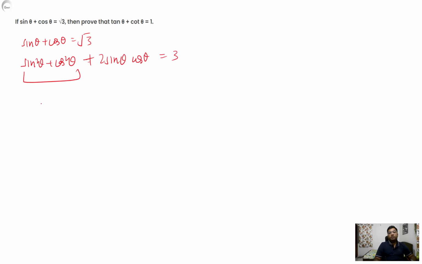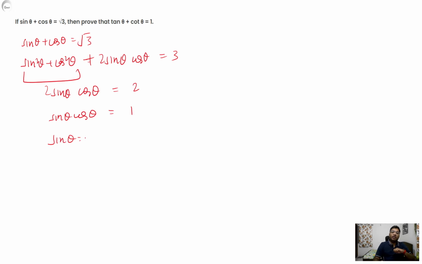Sine square theta plus cos square theta is what? 1. It goes that side. So what do we get? 2 sine theta cos theta is equal to 2. 3 minus 1, right? So what we basically get is sine theta cos theta is equal to 1. And you know what that gives us?